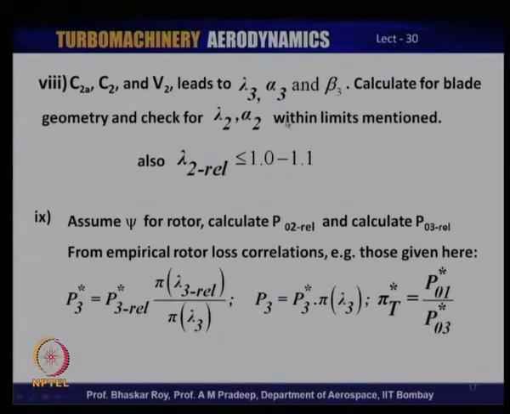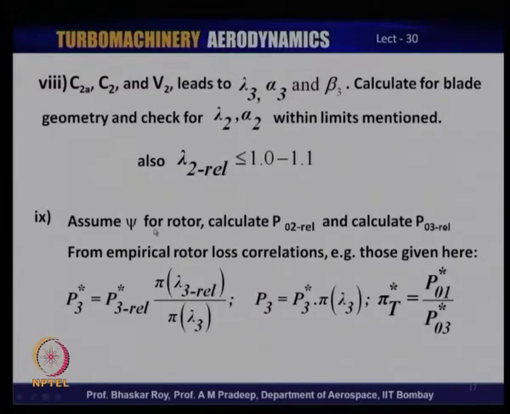Then these values lead to lambda 3, alpha 3 and beta 3, and you calculate these values and check for lambda 2 and alpha 2 within the limits which are prescribed. Lambda 2 relative may be prescribed within 1 or 1.1, alpha 2 may be prescribed within certain values, as we have seen somewhere between 60 and 70, and that needs to be checked at all the radial stations from hub to tip.